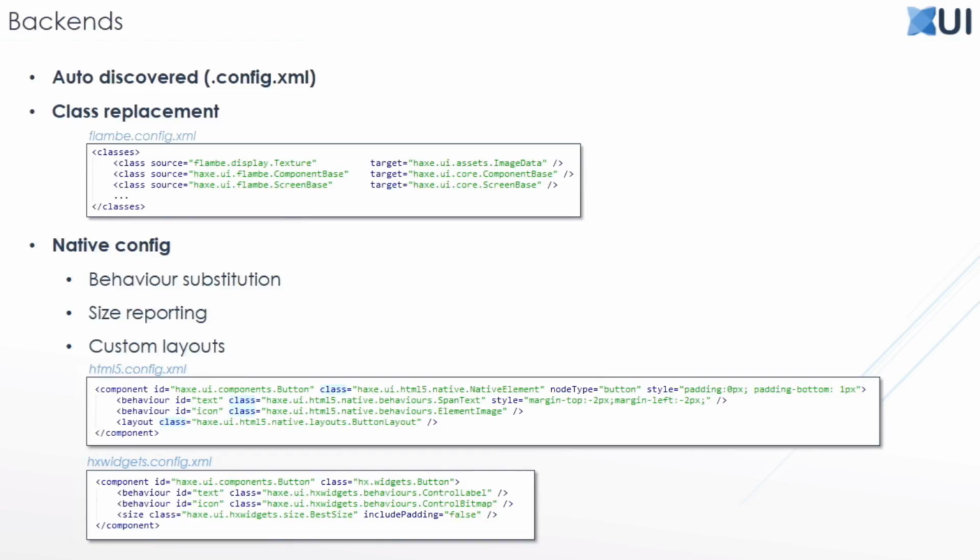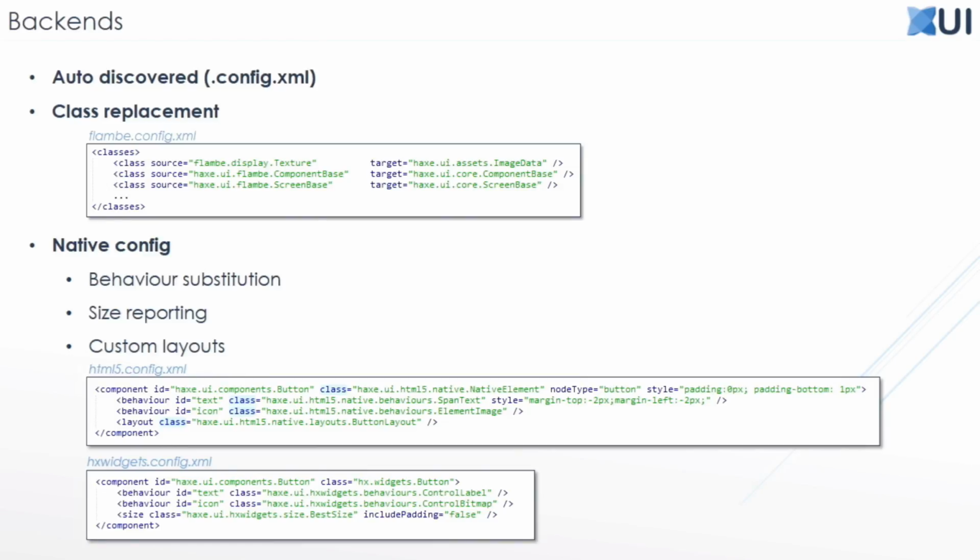And the same, very similar for all the other backends, OpenFL and all this kind of stuff. And this means that HaxeUI core, the component, can then call functions inside itself that don't necessarily lead to specific code inside HaxeUI core. It leads to a backend library. So that's obviously the most useful part of this.